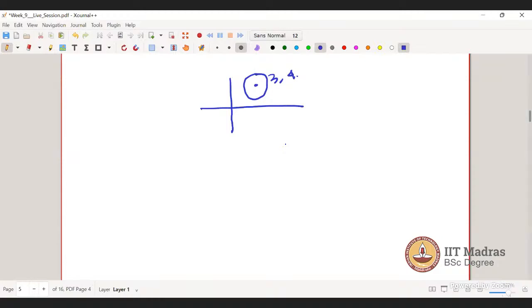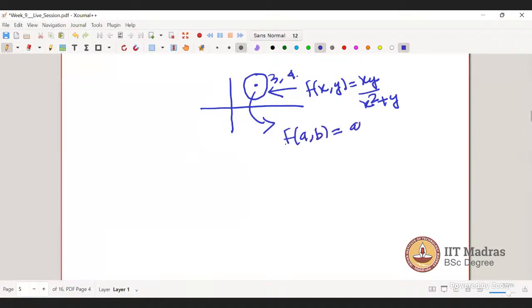In this open ball, if you take any point, f of a comma b is nothing but ab by a square plus b square. Then you can take the partial derivative and substitute the value to get the partial derivative.